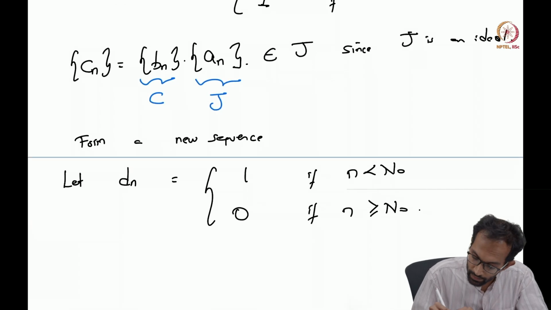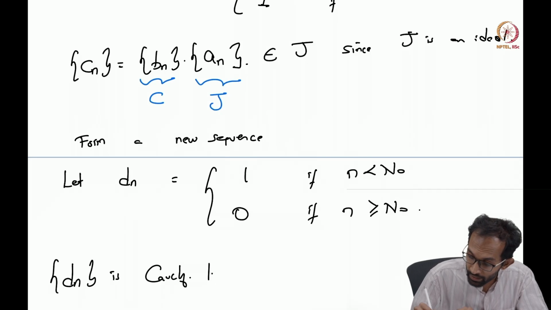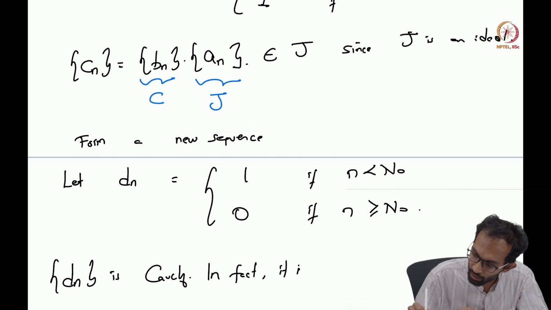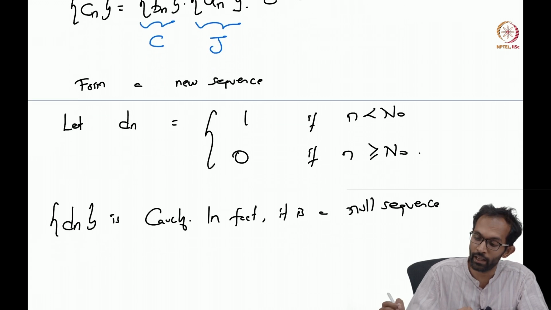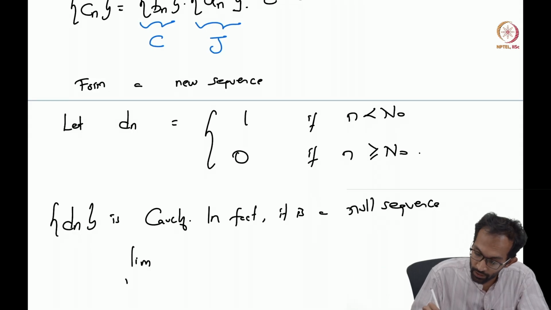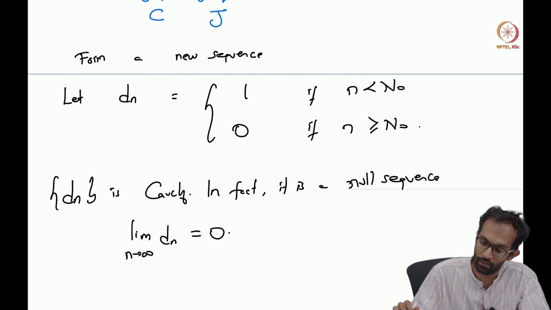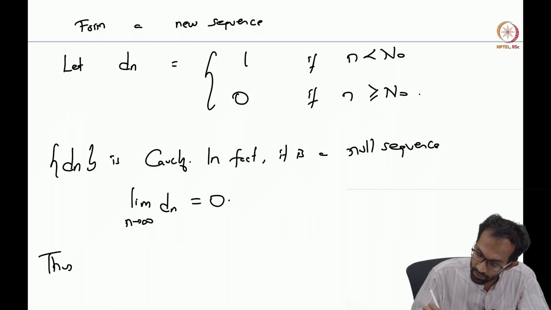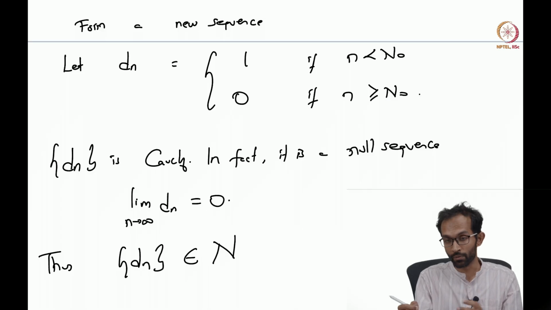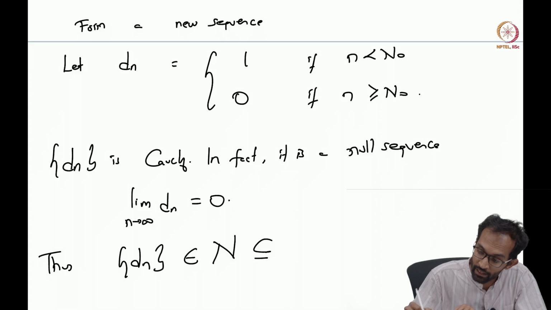And again observe that the sequence d_n is Cauchy, and in fact it's null, since for all little n larger than n naught, eventually d_n is just 0. So eventually it's 0 on the nose. So the limit as n goes to infinity of d_n is just 0. So thus the sequence d_n belongs to the ideal generated by all the null sequences. It's in n, and the ideal n is in fact inside J.